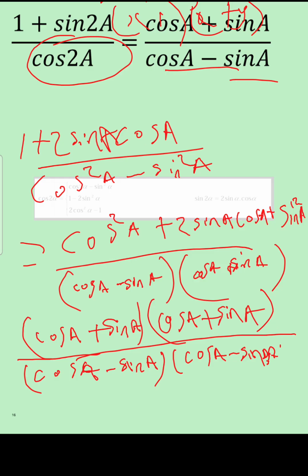Right, like terms here. So this must be positive, because here is positive, right? So this and this cancel. And then we have proven the identity.